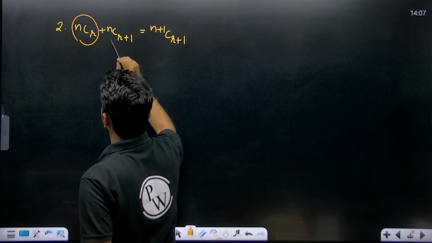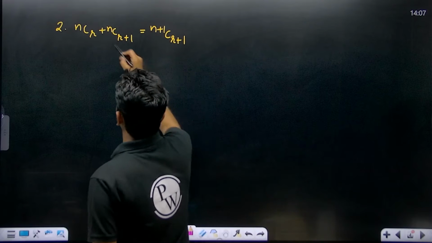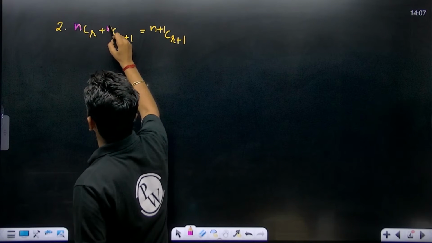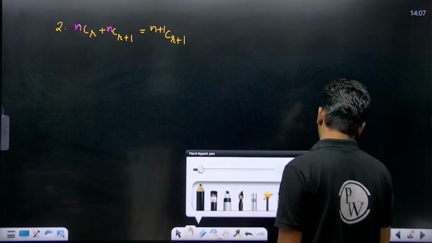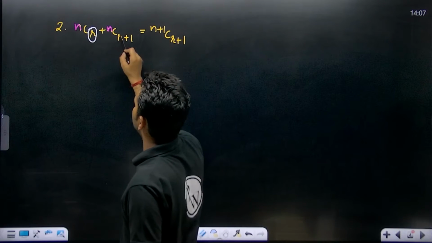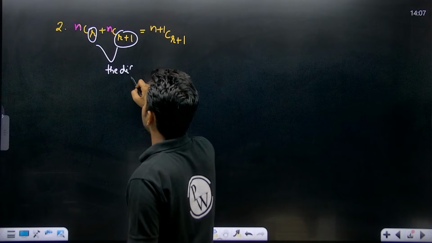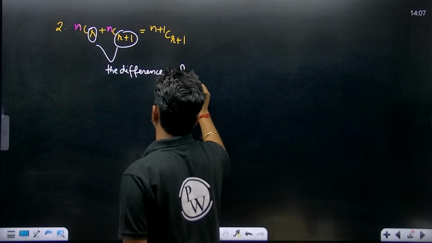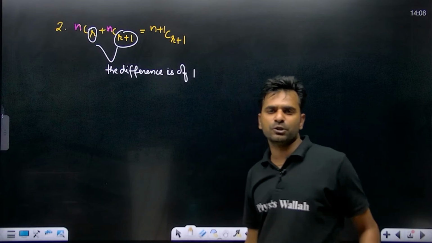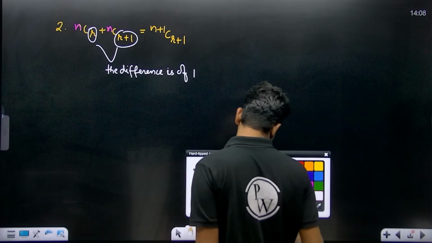Over here you have to notice a few things. These are the same things written, and if you look at these two terms, the difference between them is 1. Yes or no? If you see the difference between r and r plus 1, the difference is 1.